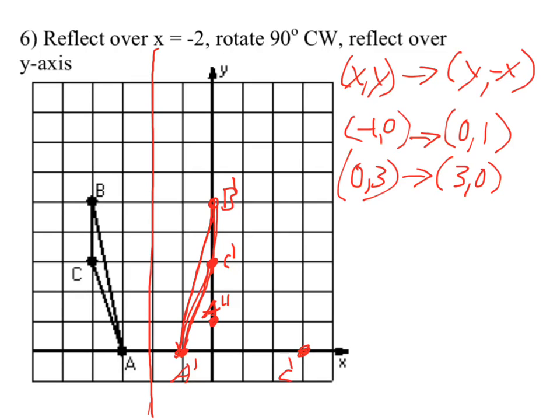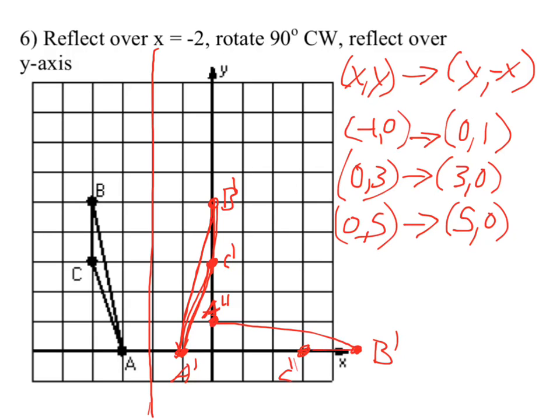So there's C double prime. And then B is currently at 0, 5. So if you change the order and change the sign on the second one, which is just 0, you can get 5, 0. So it's going to put it over here off the graph a little bit, and that's okay. Just draw it where you think it needs to be.